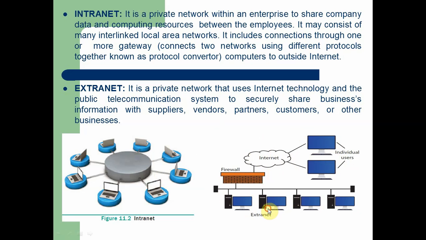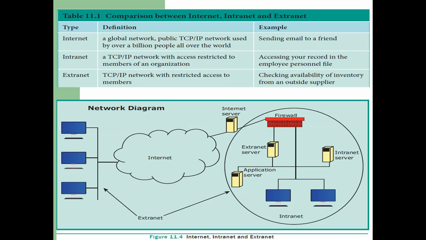This type of network is called an extranet, and the internet technology used only by the employees is called the intranet. So this is the difference between intranet and extranet.